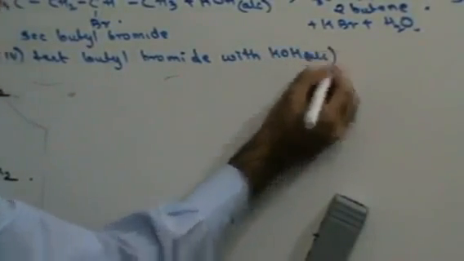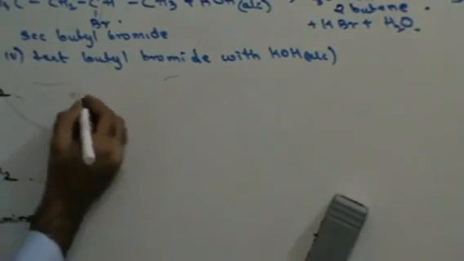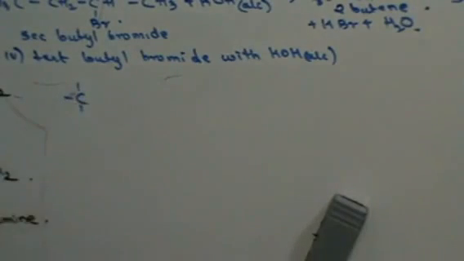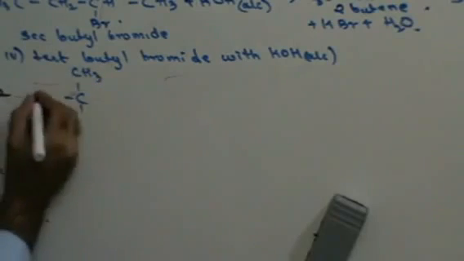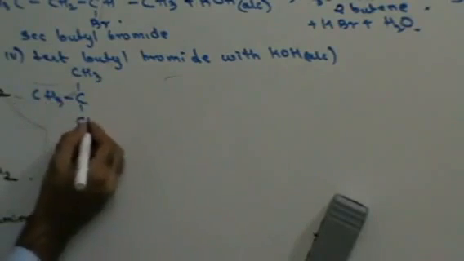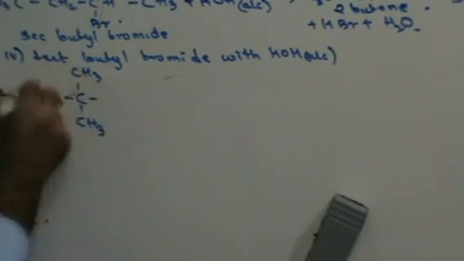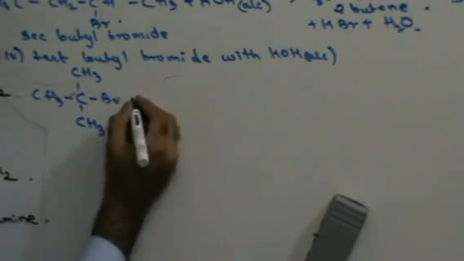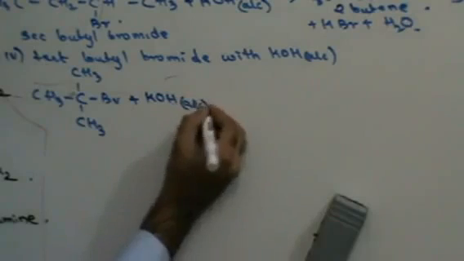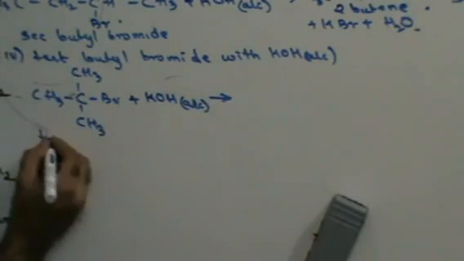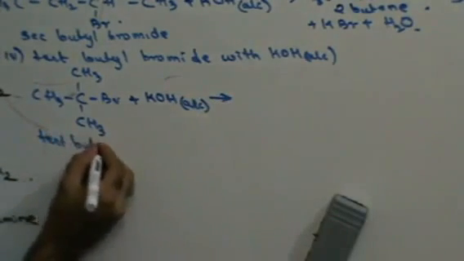Tertiary, where a carbon atom is connected to 3 other carbon atoms. So this is my tertiary carbon atom. Butyl, 4 carbon atoms. Bromide. This is my tertiary butyl bromide, reacts with alcoholic KOH.